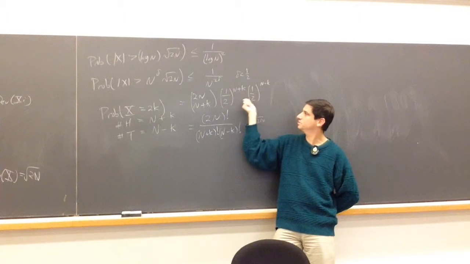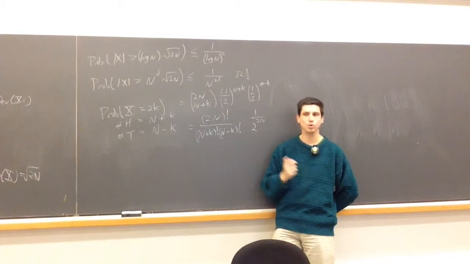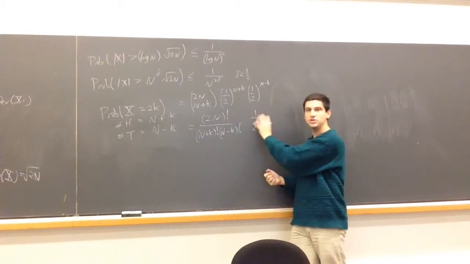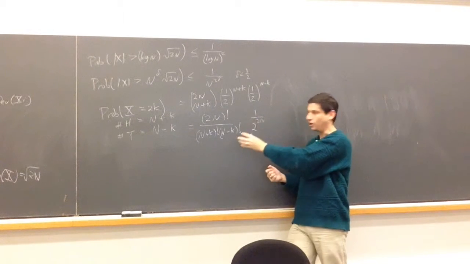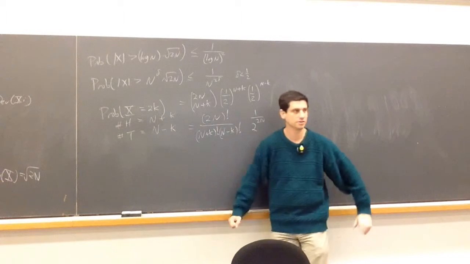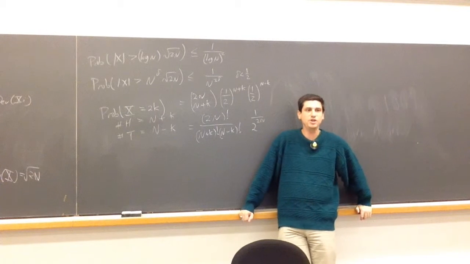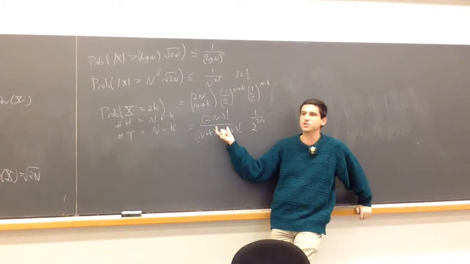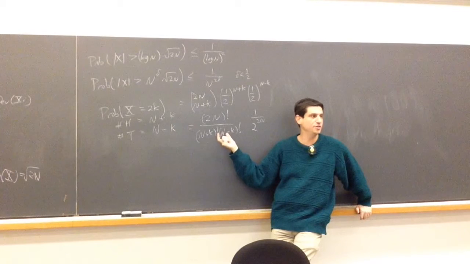And that's because these just combine. What's nice is this part here now has no dependence on k. All the dependence on k is here. So all we have to do now is see that as n goes to infinity, this is converging to being the density of a normal.